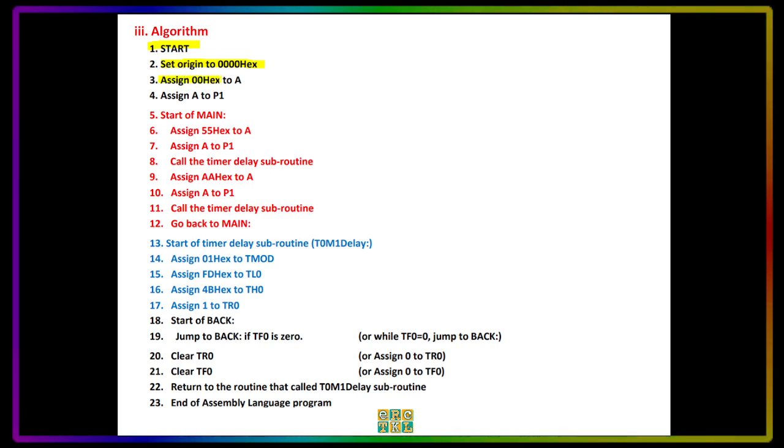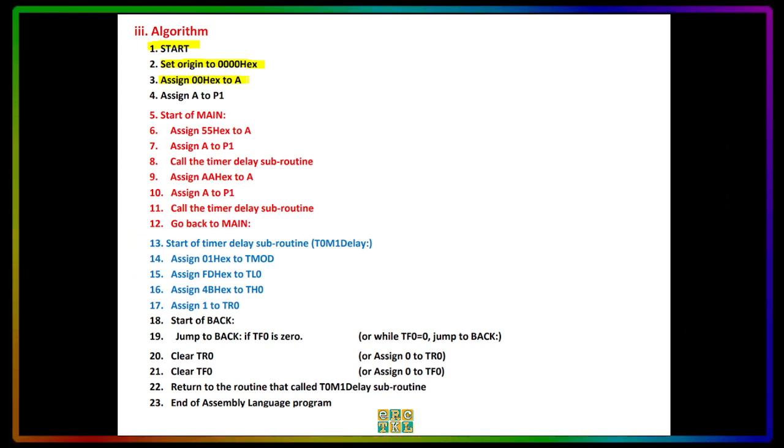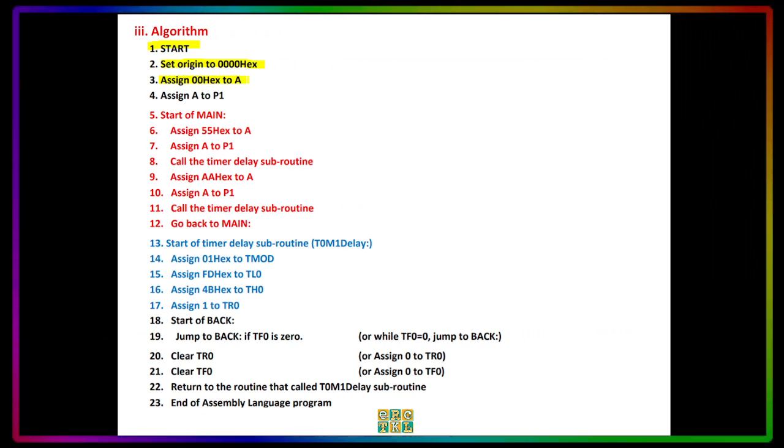Then we assign 00 hexa to A. A is the accumulator, and it's assigned 00 hexa because we will give this value to port P1, and we cannot put 00 hex directly to P1. What I mean is we cannot write assign 00 hex to P1.